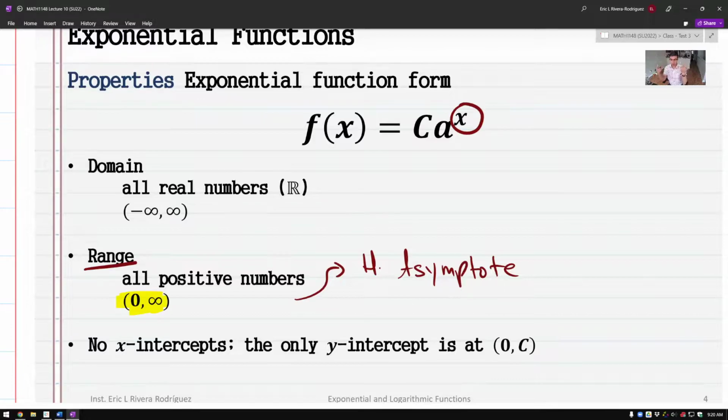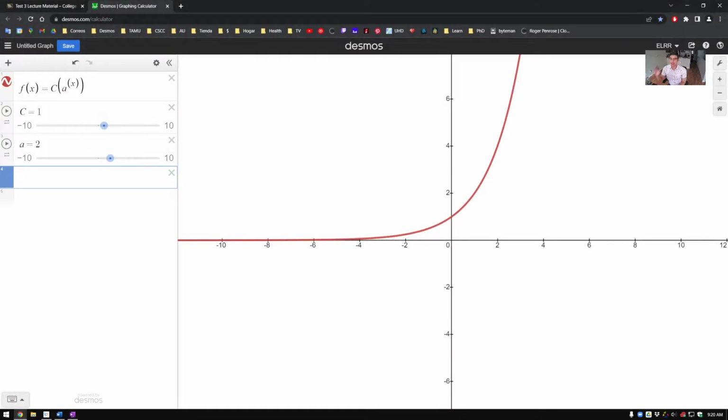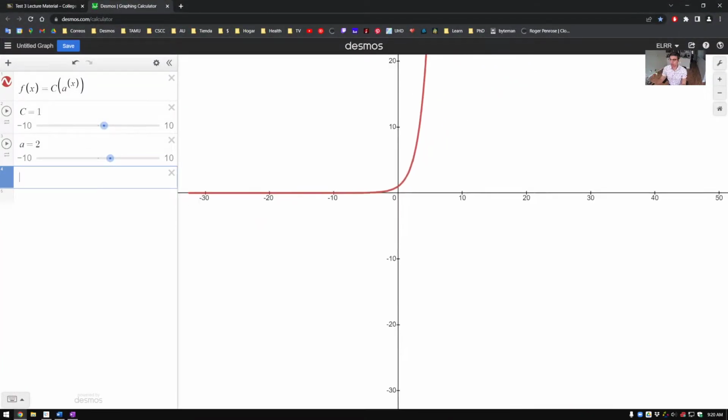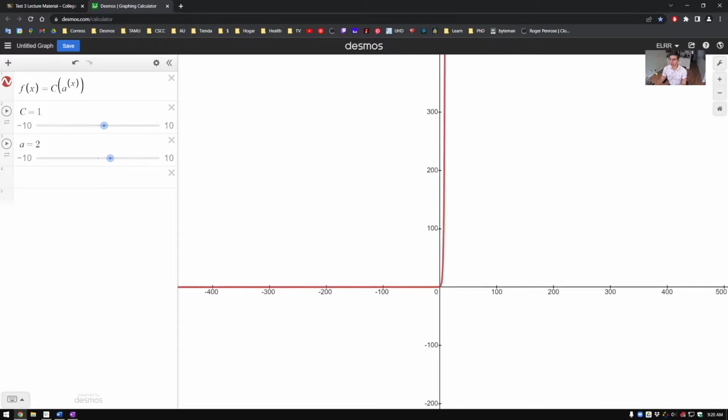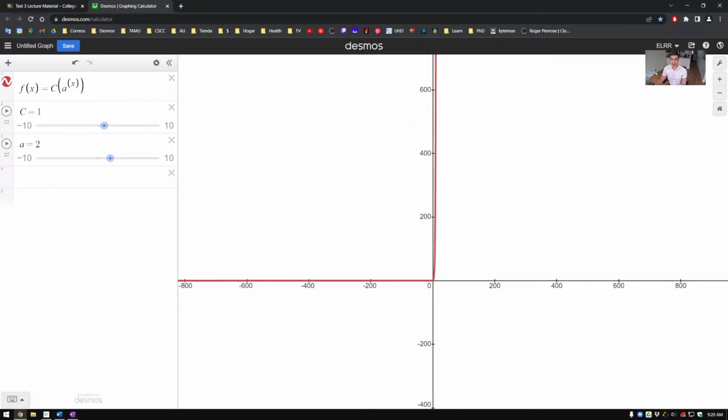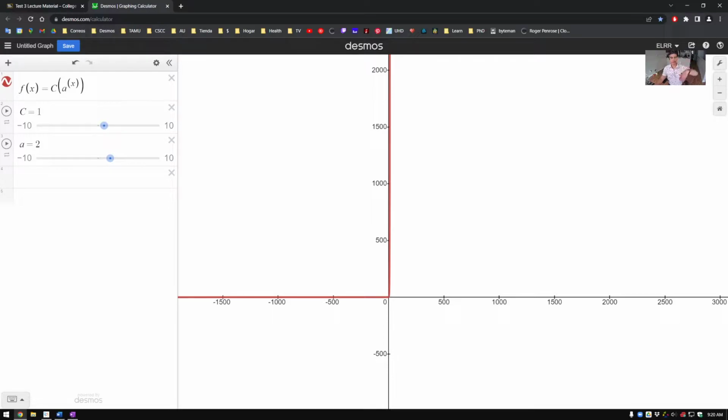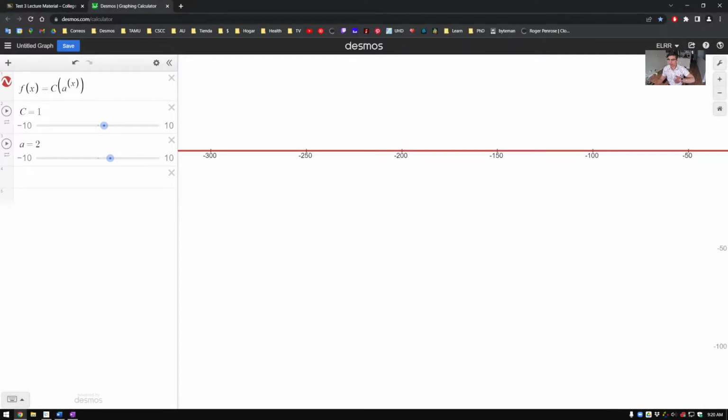Okay, so let's go back to this and let's explore that part. Okay, so here, if I zoom out, I'm going to continue seeing that the curve never goes below the x-axis. Okay?